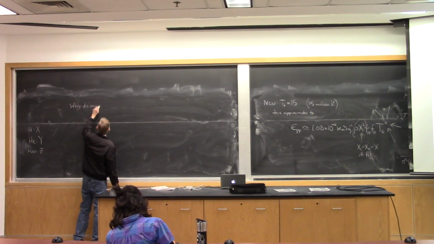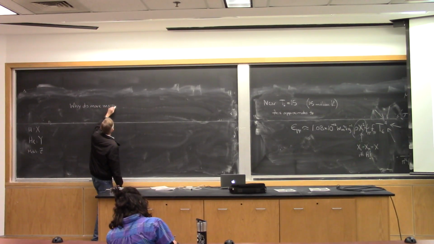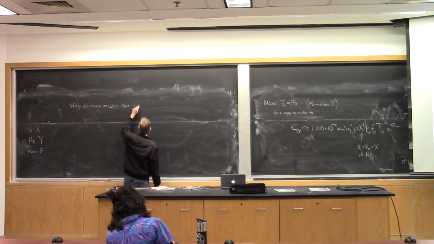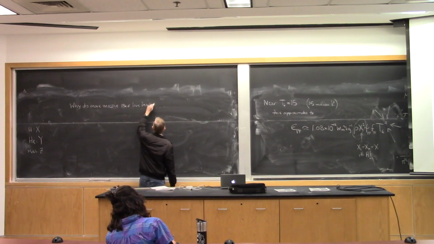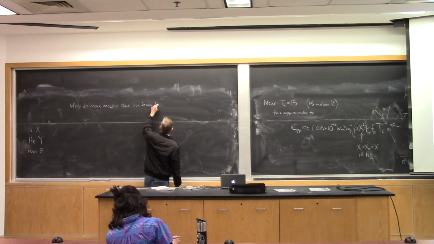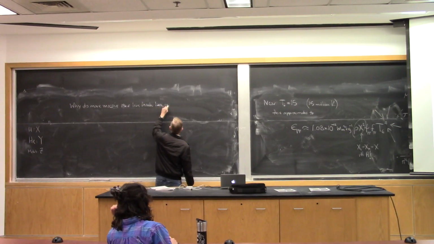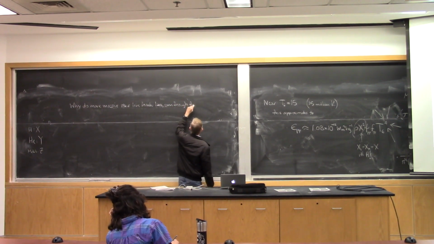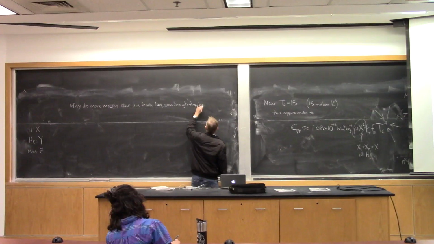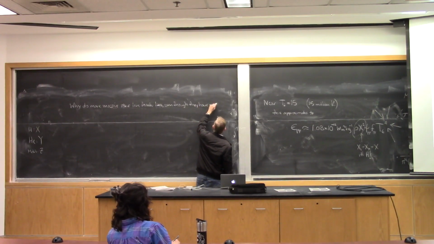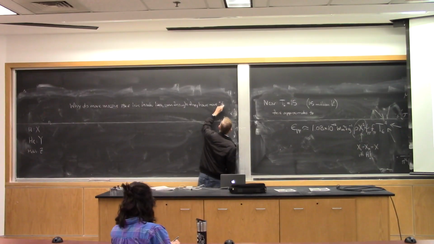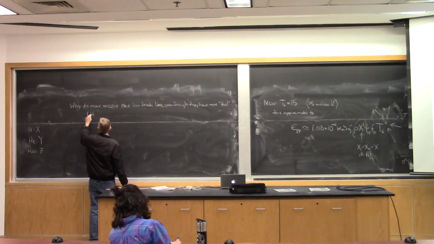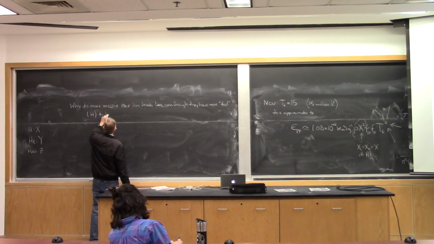Why do more massive stars live shorter lives, even though they've got more fuel, at least when they're on the main sequence, that's hydrogen to burn?